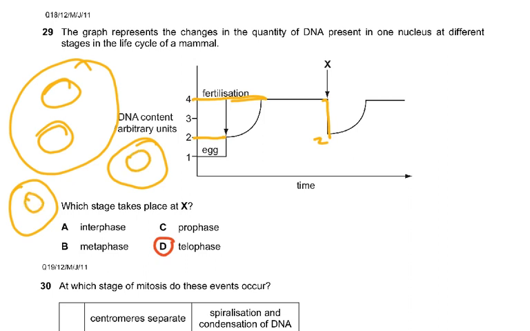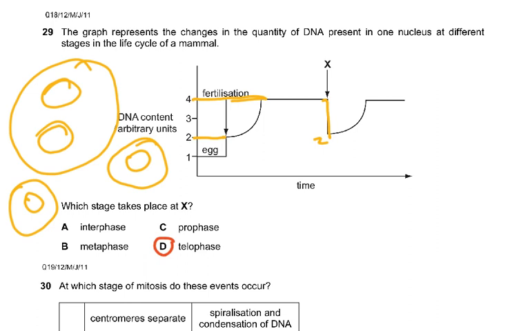So what happens is first from 2 to 4, that means sperm and ovum fuse to form 4 arbitrary units of DNA. Fertilization has taken place and now there are 4. And then the 4 becomes 2 again. So that means our cell is dividing. From 4 to 2 means that cells are undergoing mitosis.